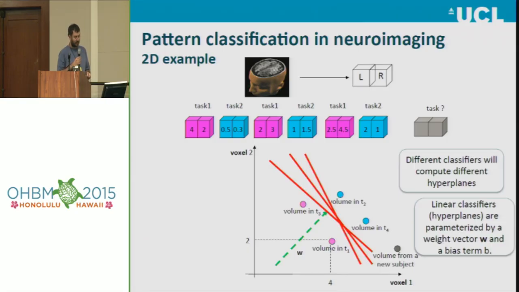And then we might, for example, in the new subject have another volume which is shown in grey. And then we would try to learn essentially a hyperplane that separates the two classes. And there could be many different ones. So here we can see a series of the red lines essentially try to separate the pink and the blue volumes. And as I say, there could be many different choices. And these are all parameterized by a weight vector W and a bias term B.